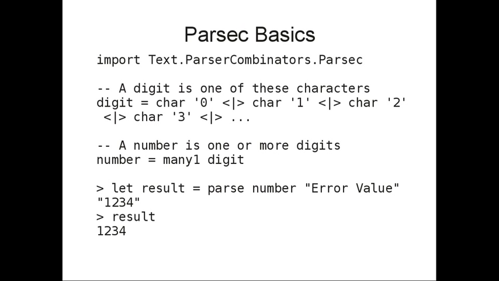If we say let result equal parse number, and then give it a name that it will return if there's an error, and then our input, which is in this case 1, 2, 3, 4, then once we run that, the result will be the parsed out number 1, 2, 3, 4.